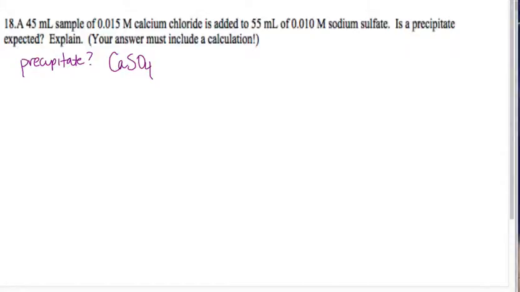We're going to set up our Ca plus 2 and our SO4 minus 2. So in this, they are mixing some calcium chloride and some sodium sulfate together. Once they're mixed, those concentrations are the initial concentrations. So even though we don't care about this, we have initial concentrations of both of these 2 things.